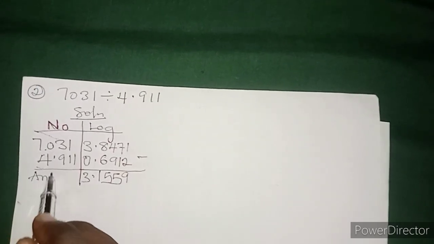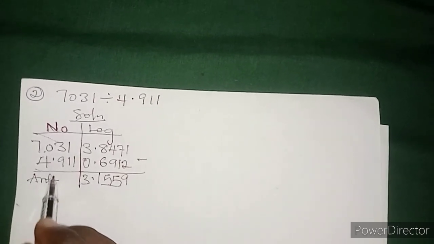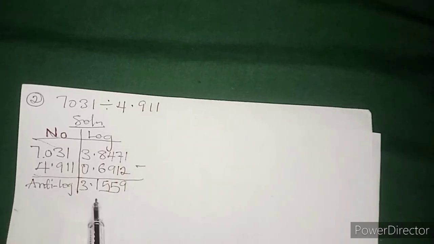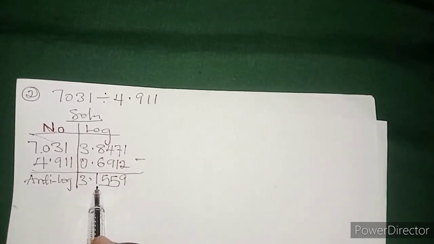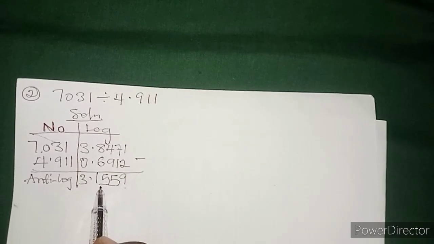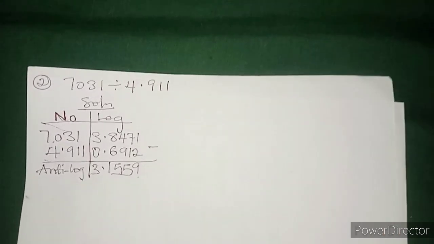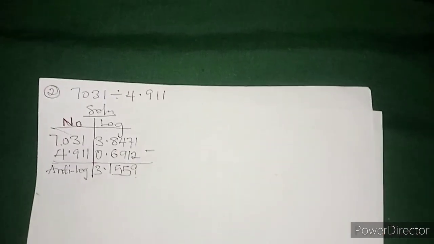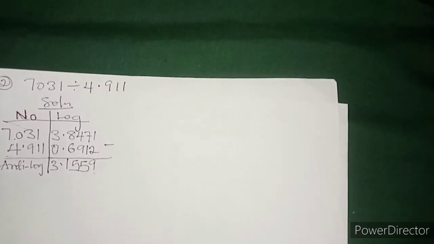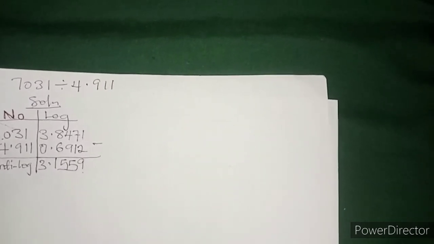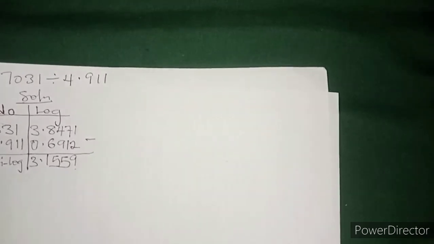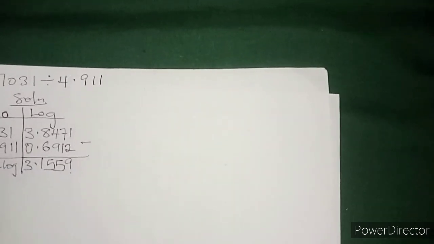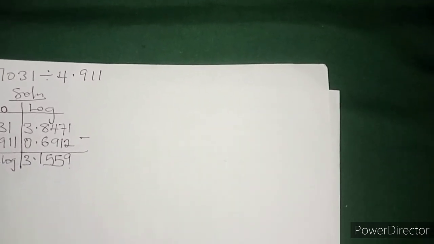Then we look for anti-log. Like I told you, you don't look for the anti-log of the characteristics. It is the mantissa, which is 15 under 5 difference 9. 15 under 5 difference 9 will give you 1432.